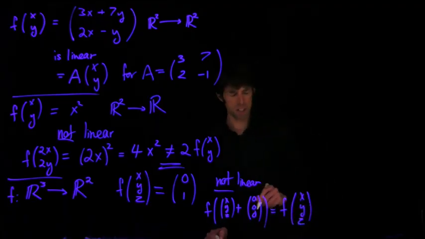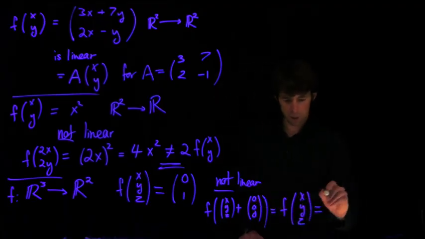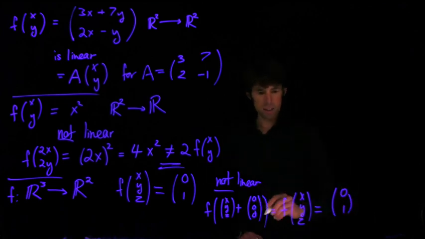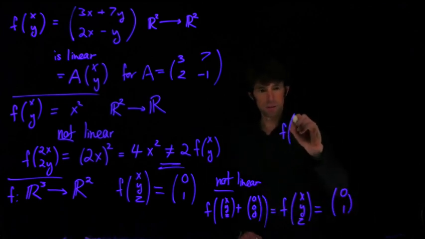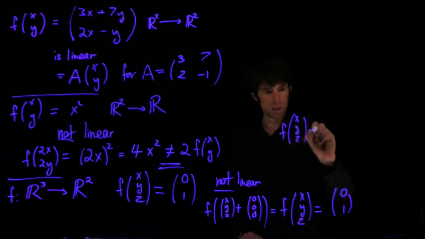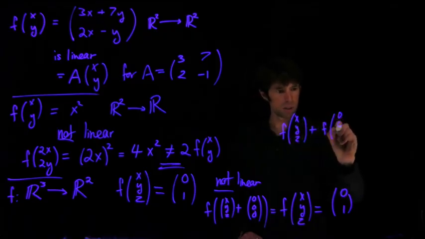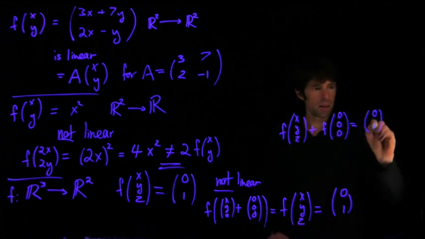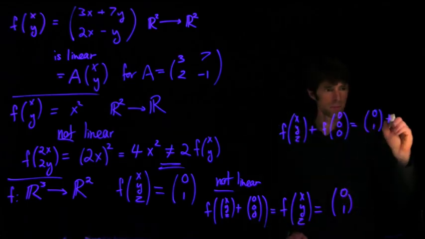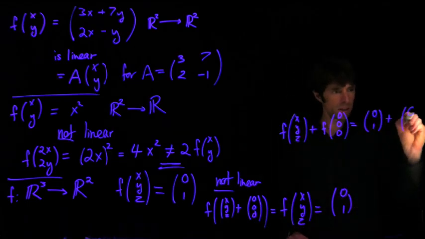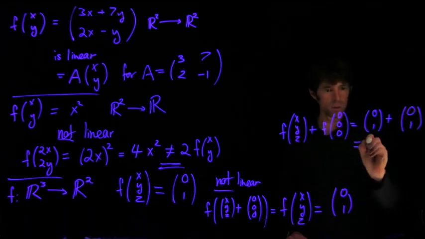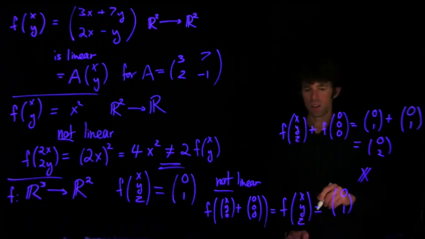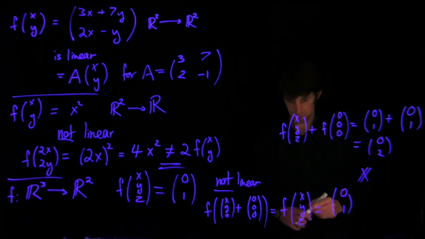Adding the 0 vector doesn't change any vector. And the output of this is (0, 1). On the other hand, f of (x, y, z) plus f of (0, 0, 0) is (0, 1) plus another copy of (0, 1), which is (0, 2). And these are not equal to each other, so this function is not linear.